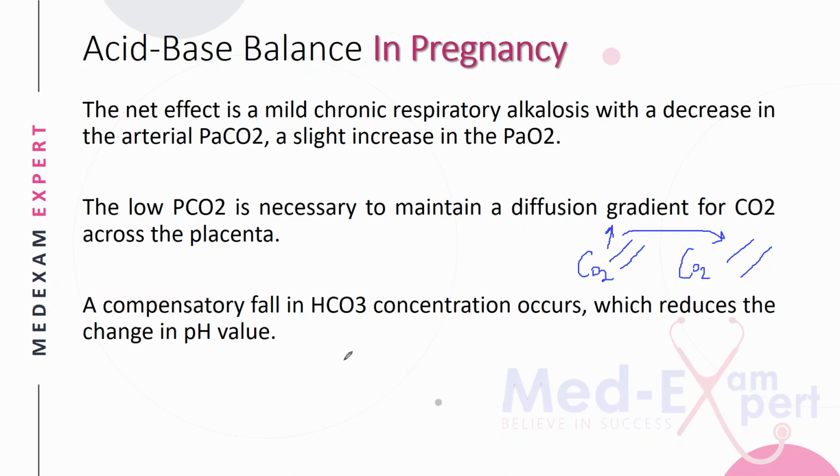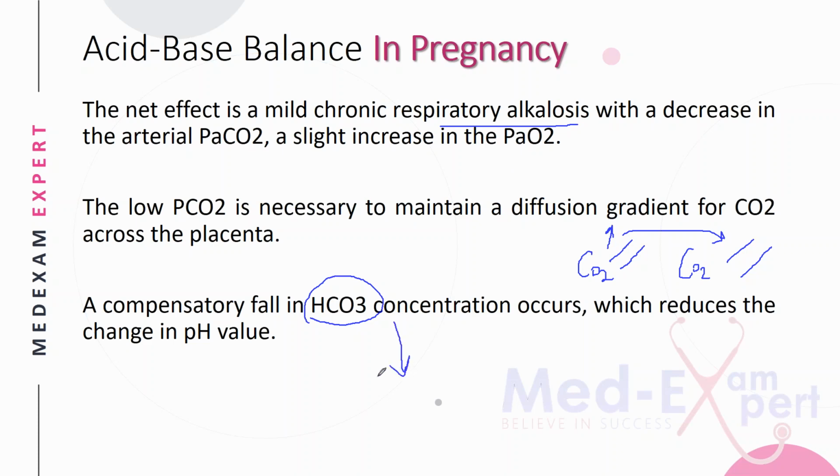We mentioned at the start of our session that the respiratory and metabolic systems usually go face to face. They counteract each other to maintain the pH. The bicarbonate, which is an alkaline component, will try to compensate for this respiratory alkalosis by decreasing its level.